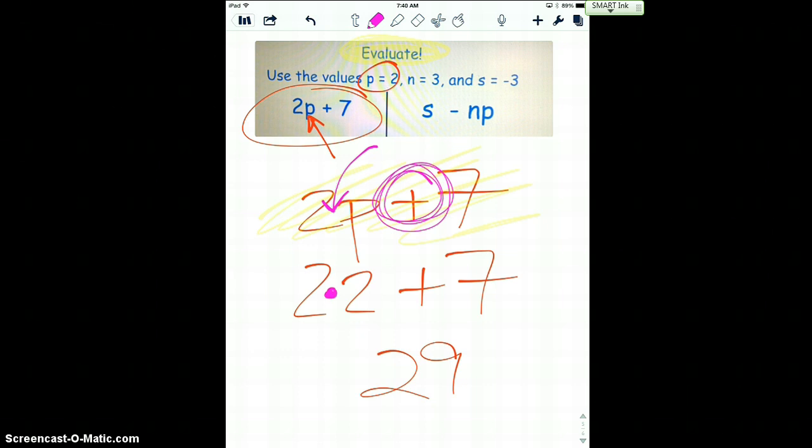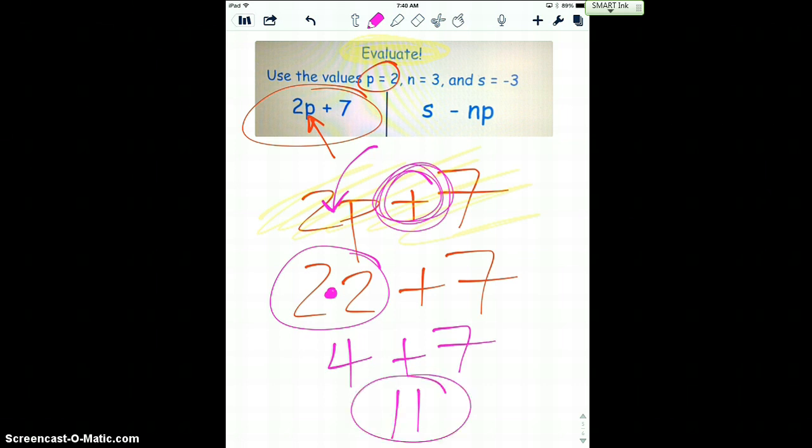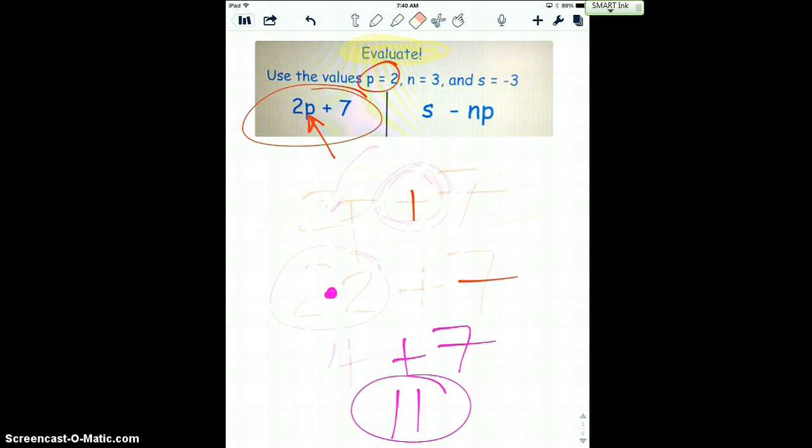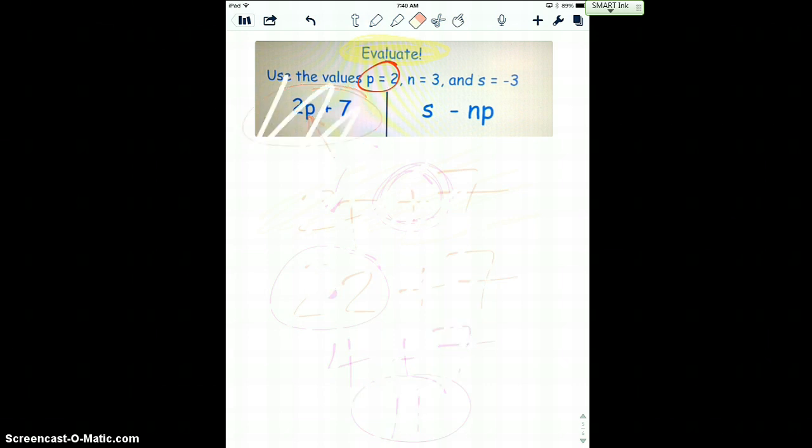So instead of 22 plus 7, you have to use order of ops because we have more than one operation. I multiply first and then add, and not get 29 but get 11, which is a much different answer than 22 plus 7. Okay? All right, so let's try this one over here on the right.